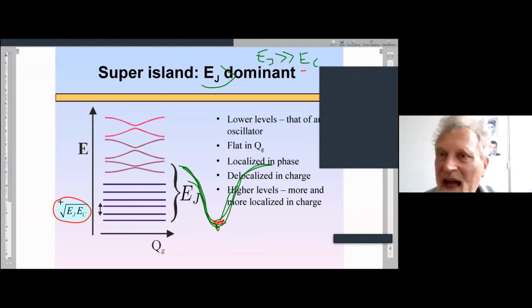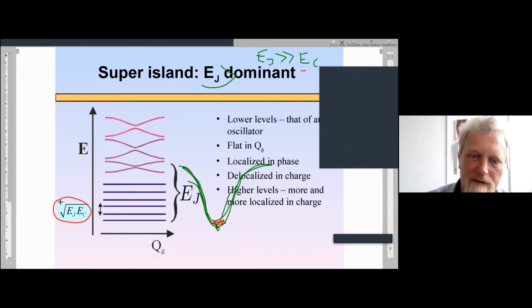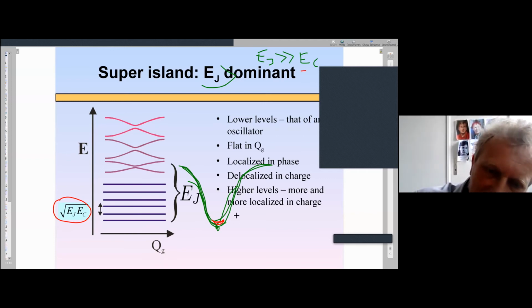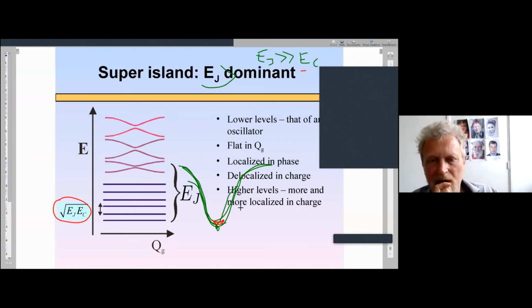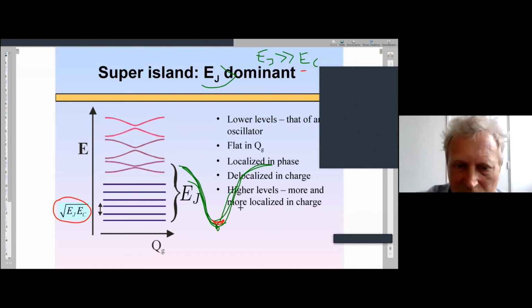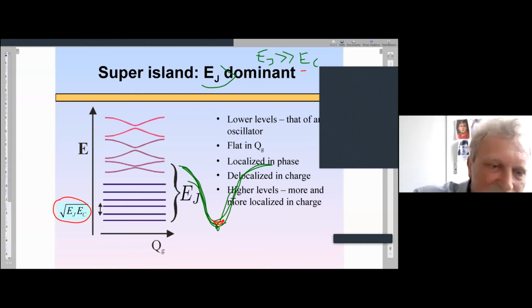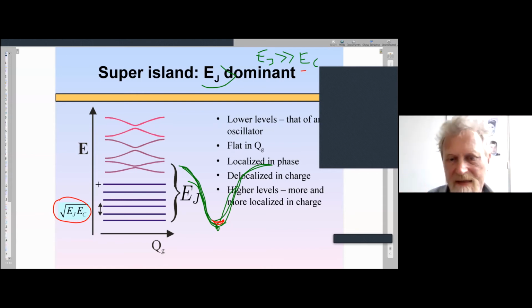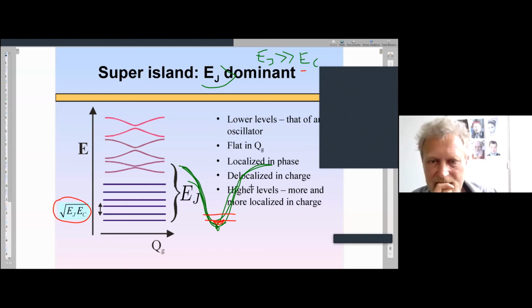That's what we called the plasma frequency at the end of the second lecture. What does it mean? There will be equidistant levels in this oscillator potential. It's not parabolic, that's why it's not precisely equidistant. The higher the levels, the greater the distance.